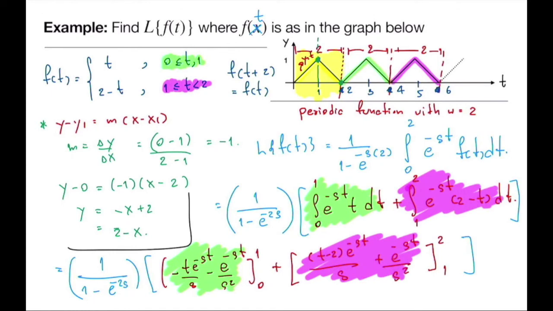I'm not going to do the whole thing, because as I told you, it's not the main focus, but it's 1 over 1 minus e to the minus 2s, and then here we get 1 over s squared minus 2 divided by s squared e to the minus s plus 1 over s squared e to the minus 2s, and that's it.